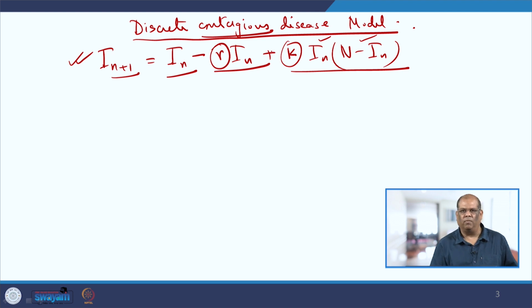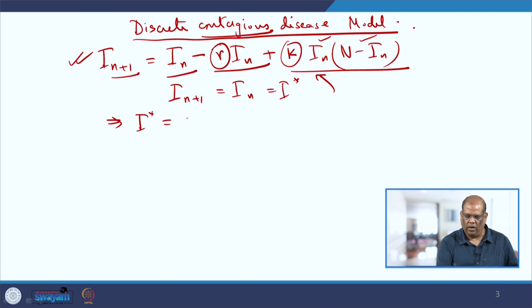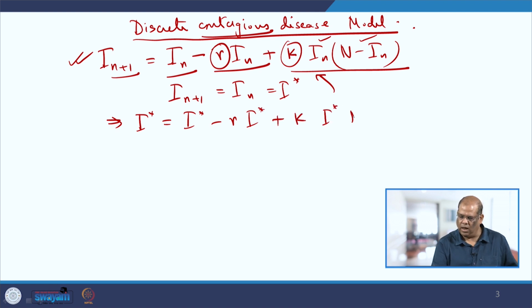So, once you get the model, you have to calculate the equilibrium solution. So, you replace I_{n+1} by I star and I_n by I star here. So, this will give me I star equal to I star minus R times I star plus k times I star into N minus I star.